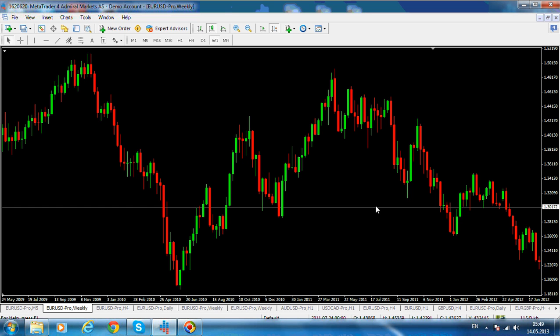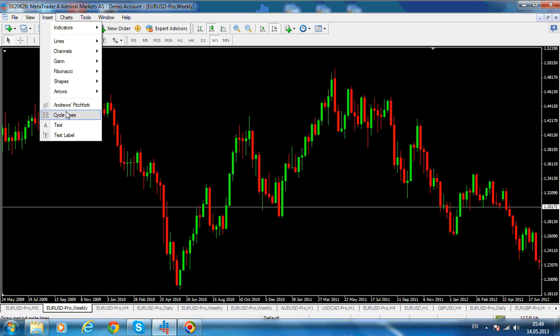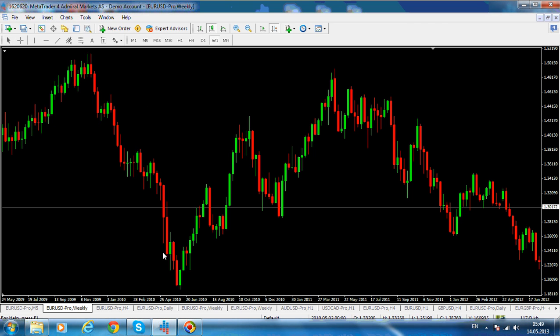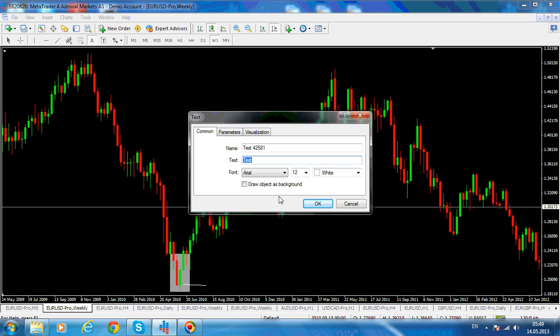For our purpose of illustrating the patterns, this is a weekly chart, and a piercing pattern appears here. Let's take a shape and place it here, and say that these two candles are forming a piercing pattern.